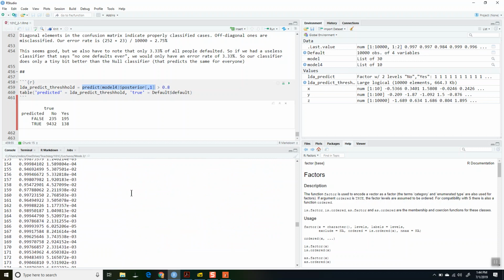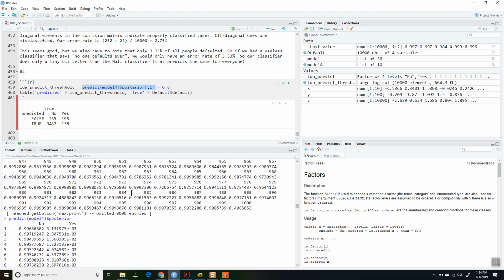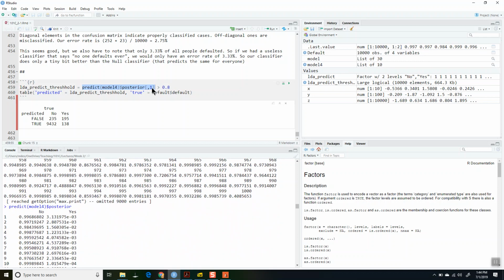Oh, actually, I wanted the second column. So we want the posterior, the column for yes, and maybe we're going to turn them away if their probability of default is greater than 20%.